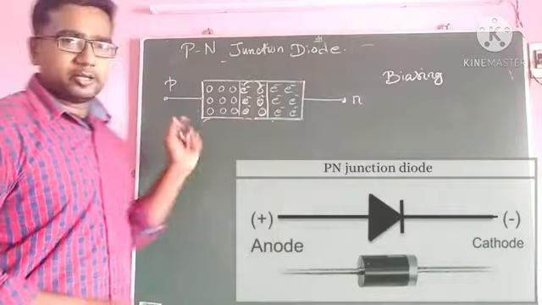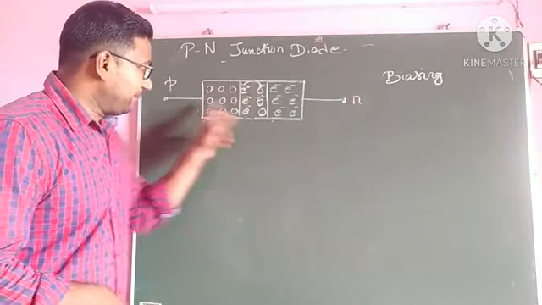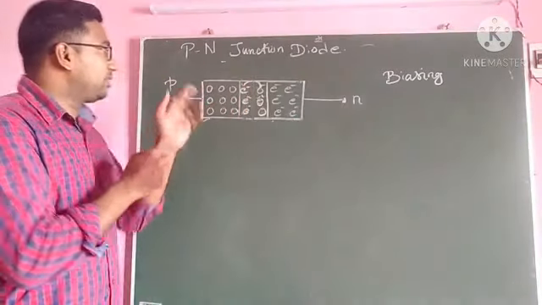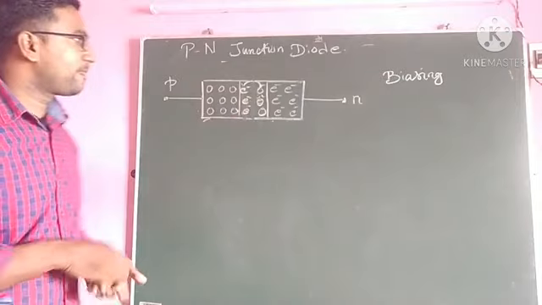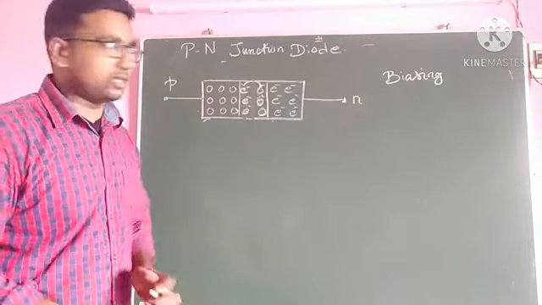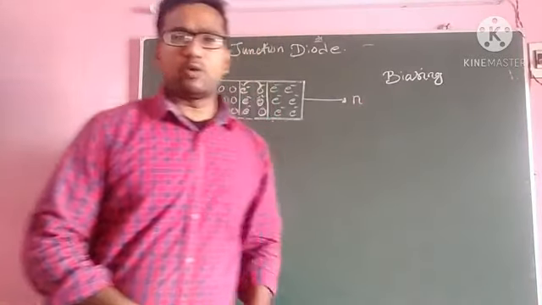Next, the PN junction diode. The P-type and N-type semiconductors combine to form the PN junction diode. What are the characteristics of the PN junction diode? Before that, we want to know the term biasing. What is biasing?